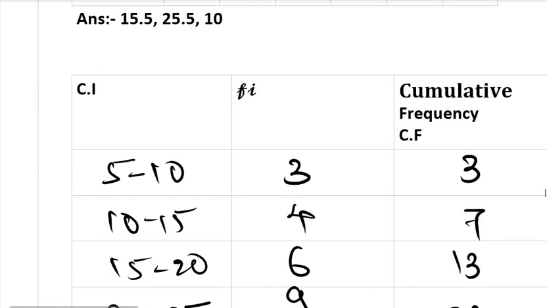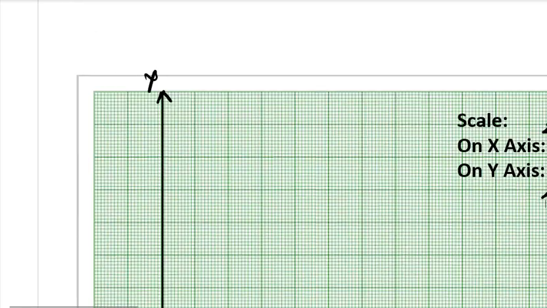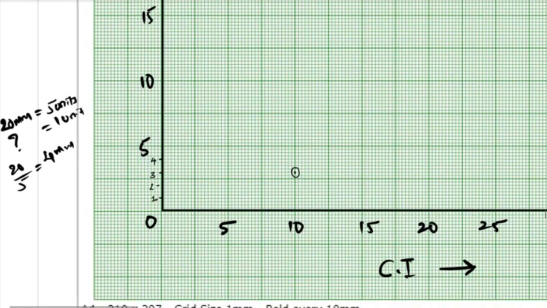Next will be 15 versus 7, 20 versus 13. 15 versus 7. 7 is 1, 2, 1, 2, 3, 4. This is 6. 1, 2, 3, 4. This is your 7. Okay, 15 versus 7.